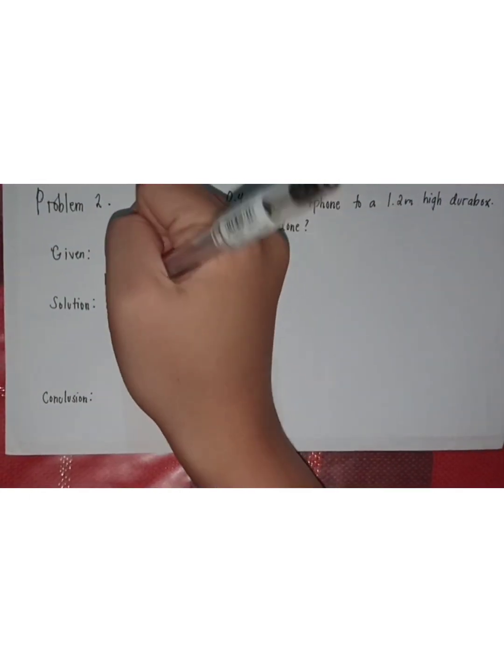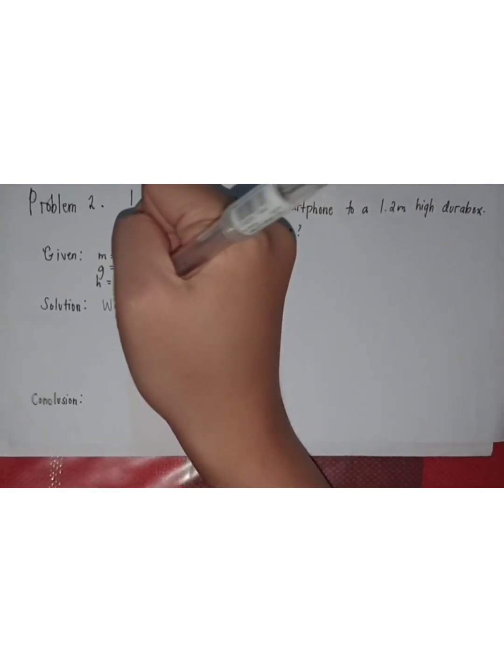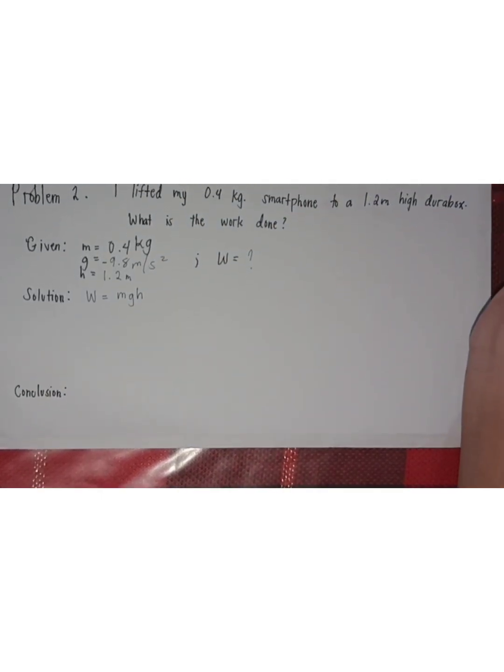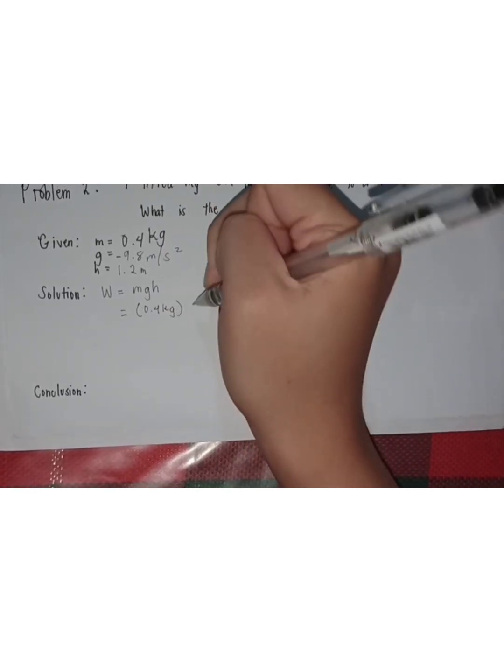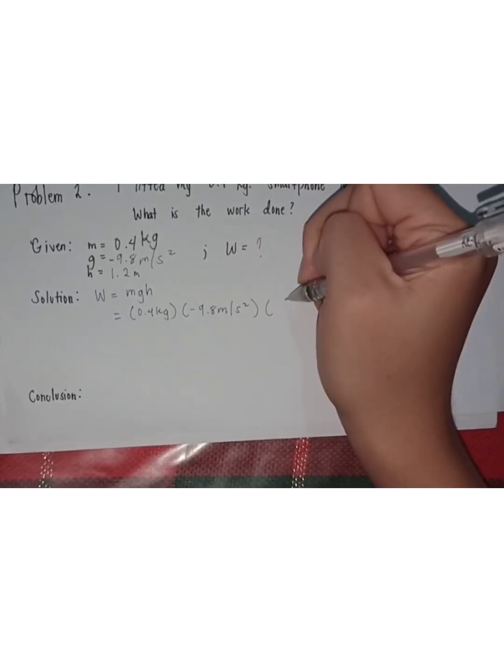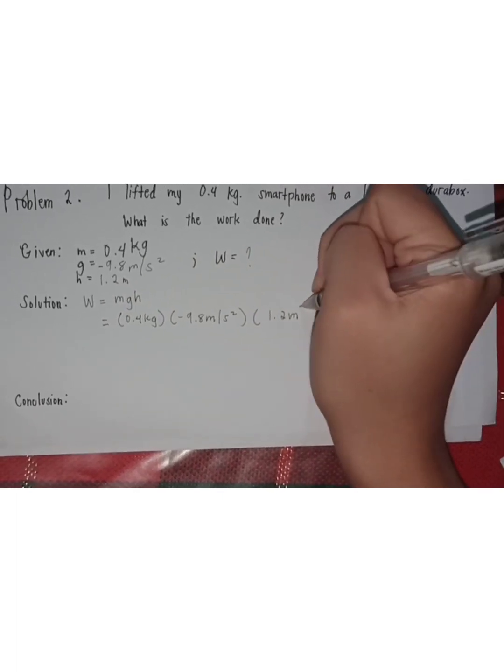So the solution will be like this. We need to use the formula work is equal to the product of mass times acceleration due to gravity times height. Let's substitute the values: mass 0.4 kilogram times negative 9.8 meter per second squared times 1.2 meters.